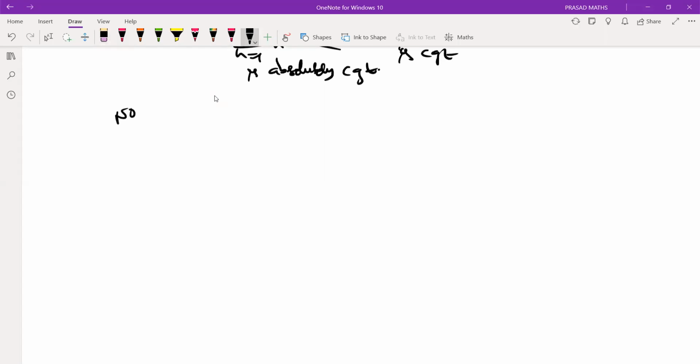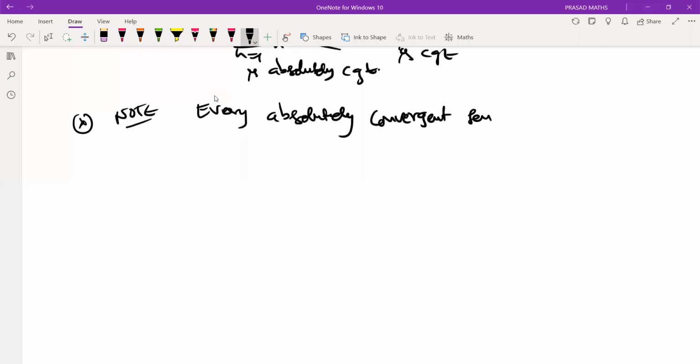Notice, every absolutely convergent series is convergent. The converse may not be true.